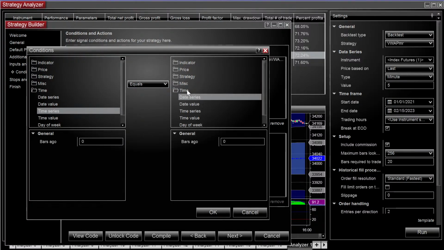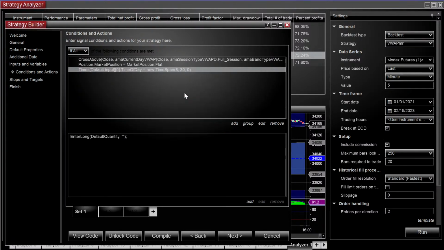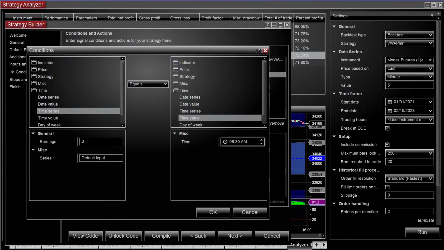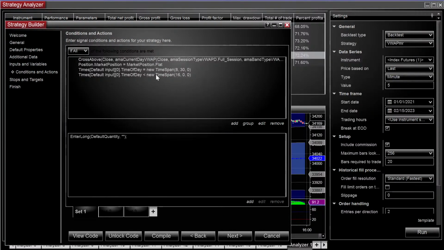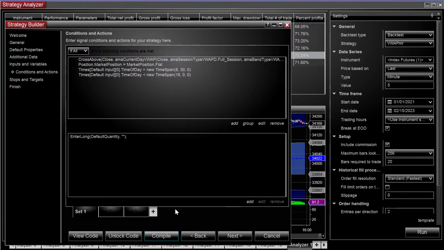Time series is greater than... I'm going to trade this only during regular trading hours.